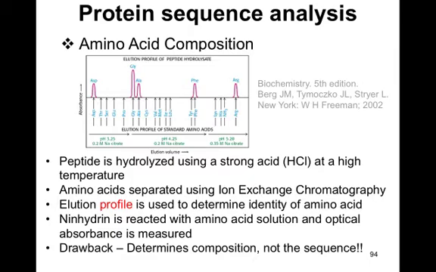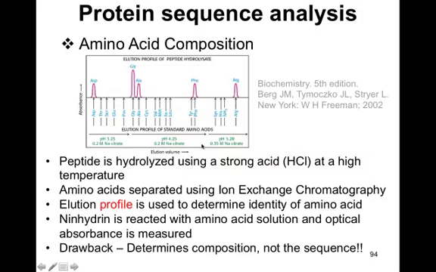So if you use a particular buffer, for example, in this case 0.2 molar sodium nitrate, you can predict that aspartic acid will be the one that will be eluted first and arginine will be the one that will be eluted last.